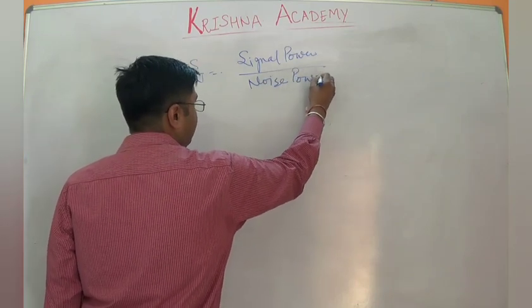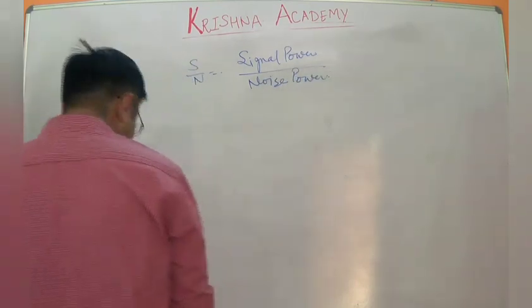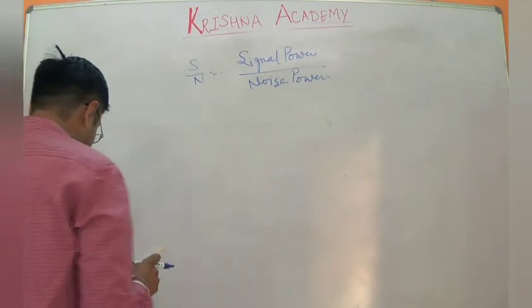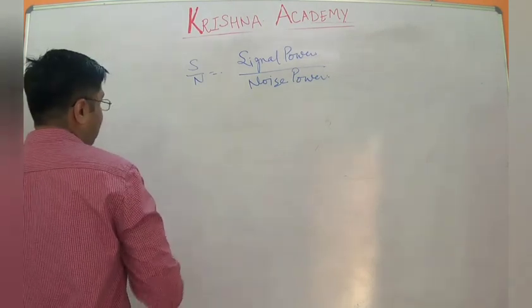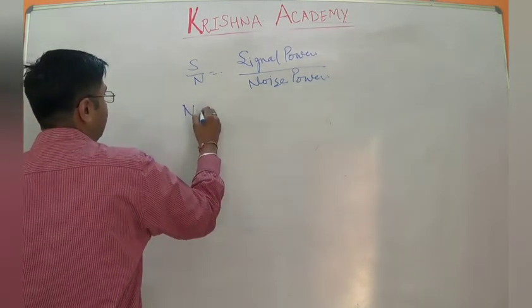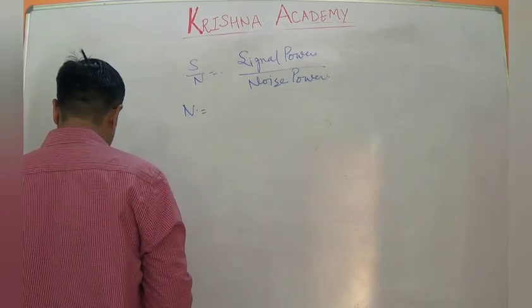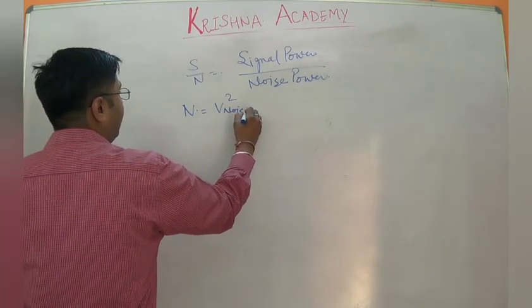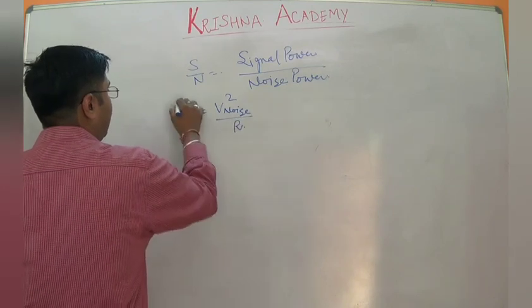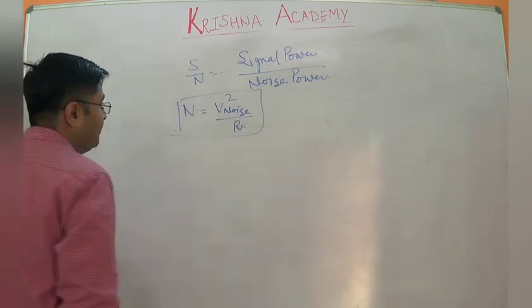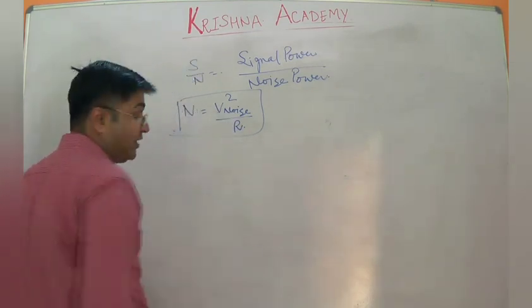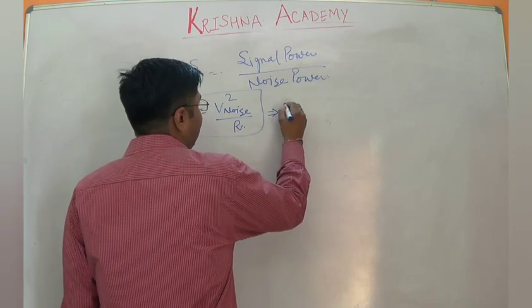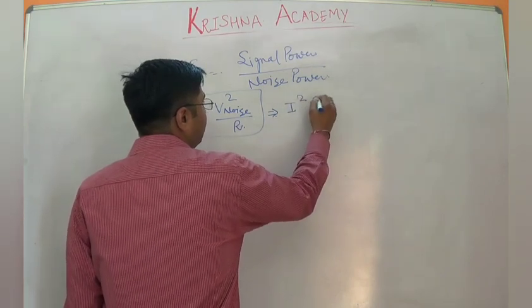That is how we are going to calculate it. Now if you are talking about noise power and signal power, what will it be? As we know, power is V square by R, where R is the resistance in that particular circuit and V is the voltage of the circuit, or we can express it as I square R.